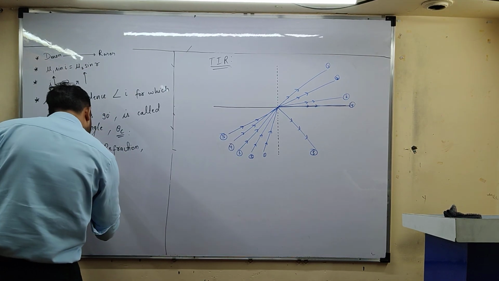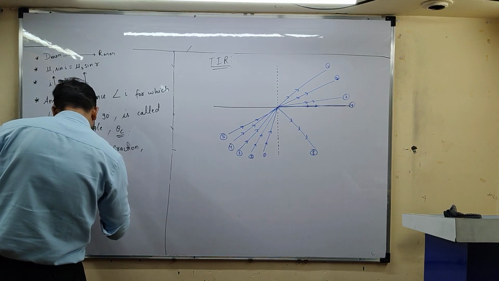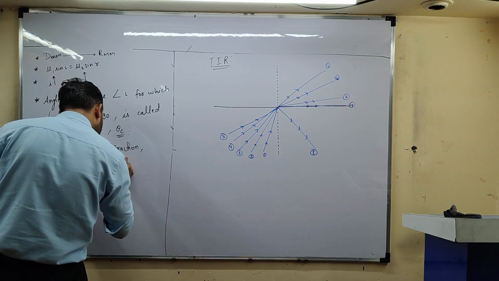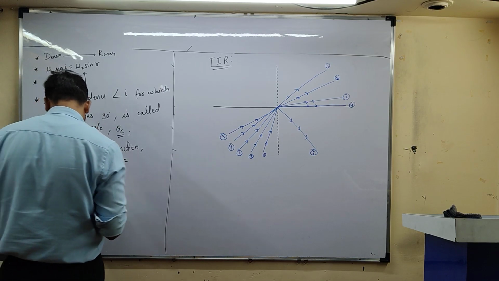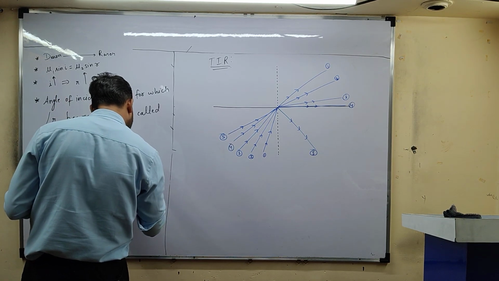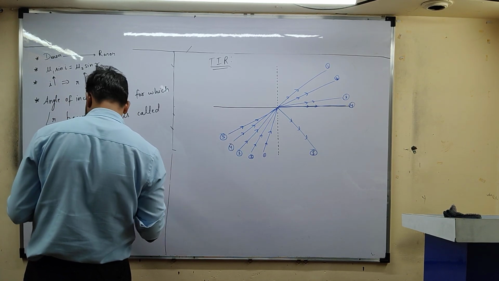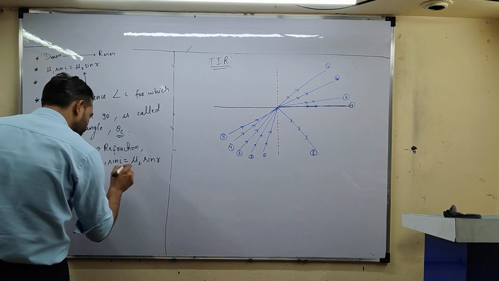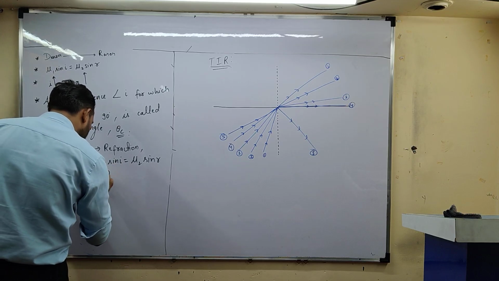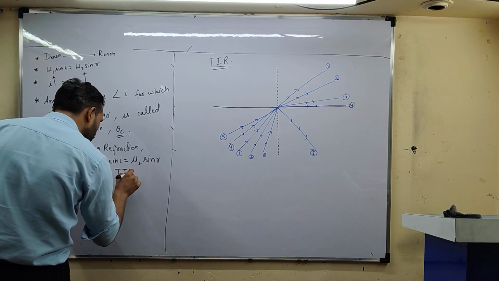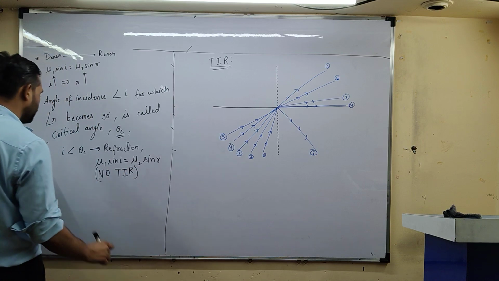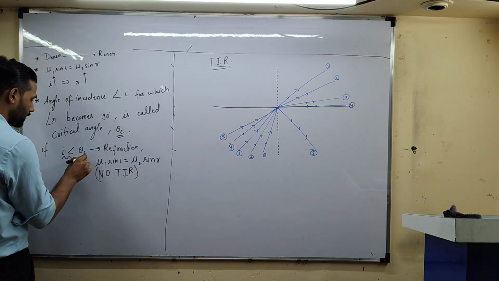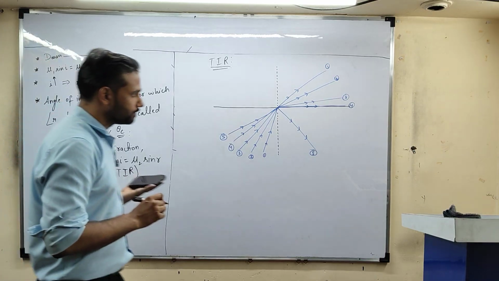That means mu1 sin I equal to mu2 sin R. In this scenario, no TIR, no total internal reflection, when this is the condition.